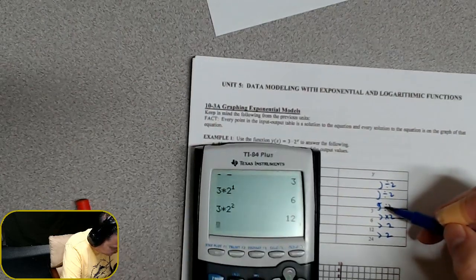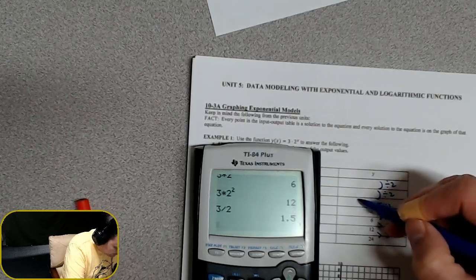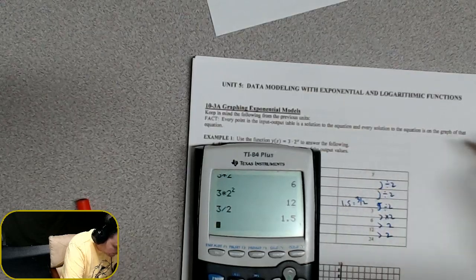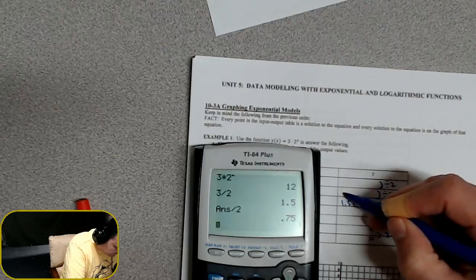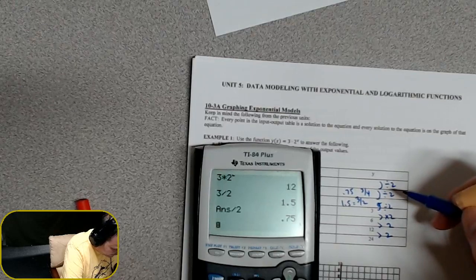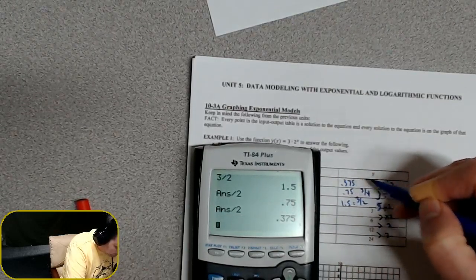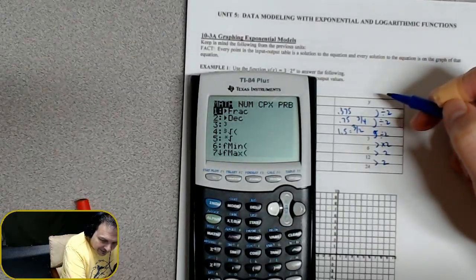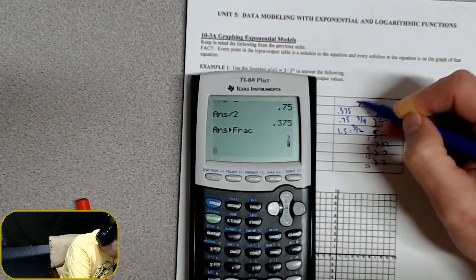So notice what I'm doing. I'll take 3 divided by 2, and I get 1.5, or 3/2. If I do another divide by 2, I get 0.75, or 3/4. If I do another divide by 2, I get 0.375, or let me make that a fraction, and I get 3/8.